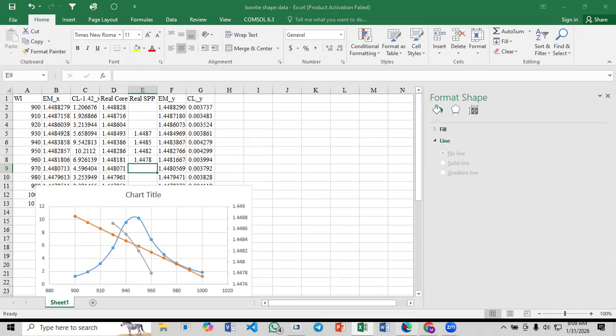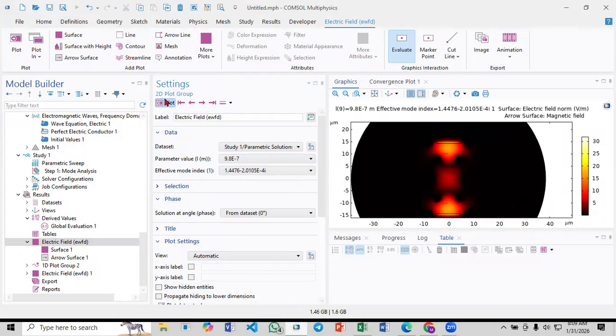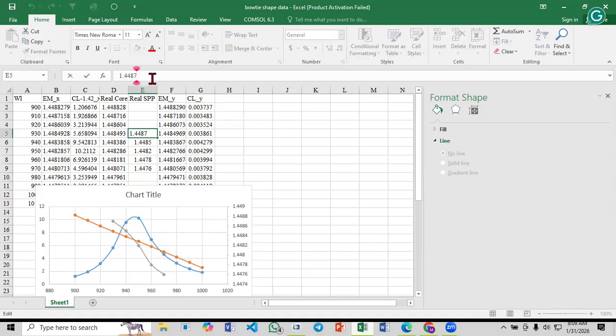And for 980, this one is 1.4476. It's not that good, because there are other values after the fourth digit.